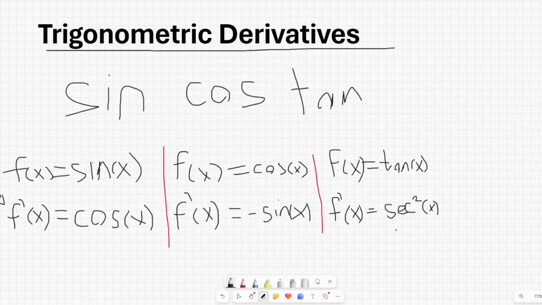Alright, now what that means is just 1 over cosine squared x. Alright, so those are the derivatives of the main three trigonometric terms. Alright, so now let's get into some examples.